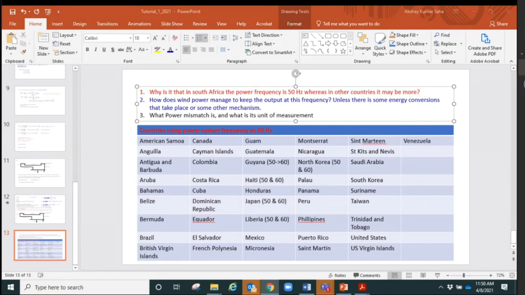In power flow study, we consider this mismatch, and the unit of mismatch is the respective unit. If we are considering active power P, the unit will be watt, kilowatt, megawatt or gigawatt. Similarly, if we are considering reactive power, the mismatch will be the difference between Q injected and Q calculated, and the unit will be var, kilovar or megavar.